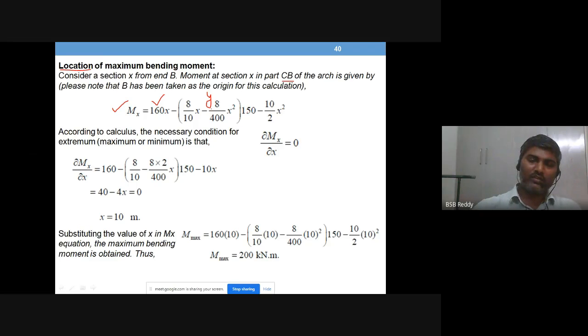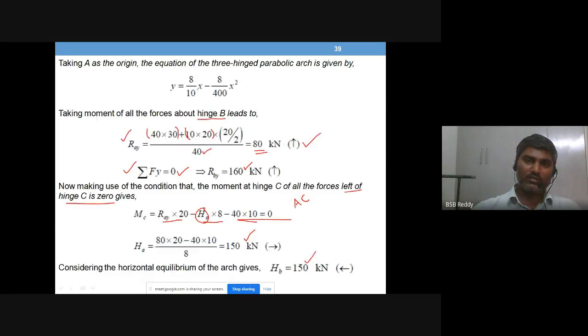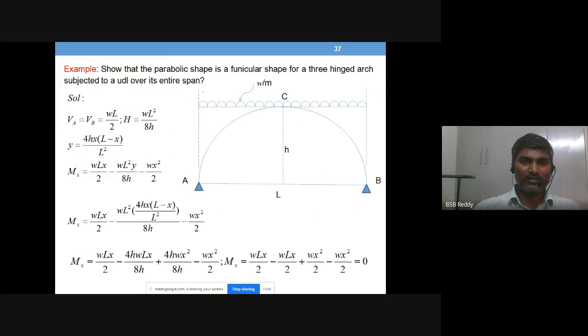Then what is y? In the initial step itself in this slide, you will find what is y. It is by the formula that we already used, 4hx into (L minus x) by L square. Okay, that is always there.